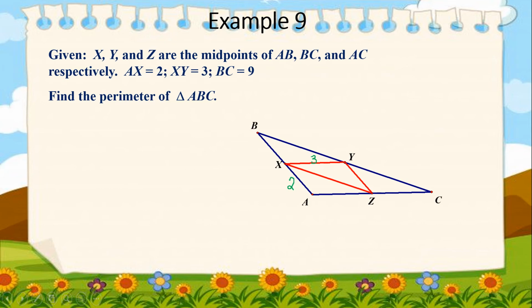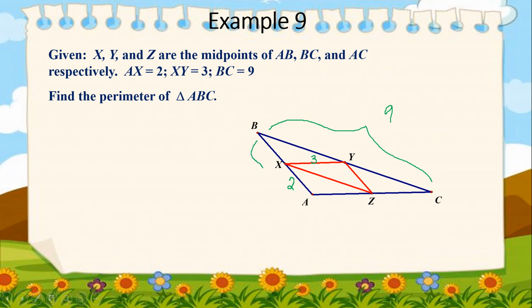And BC is equal to 9. Now find the perimeter of triangle ABC. In order to find the perimeter of triangle ABC, we must first find the lengths of all its sides.